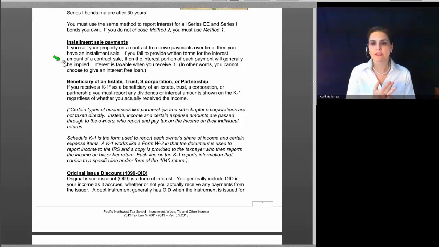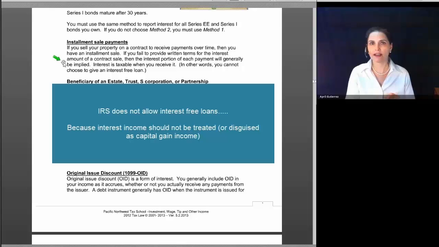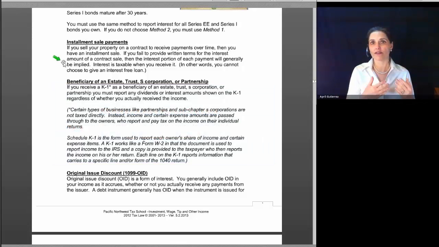The first reason is if you sell property on an installment sale, let's just say you're selling a house worth $300,000 on an installment sale, and you've made the decision that you're going to do an interest-free loan. One of the benefits for treating it as an interest-free loan is that every single payment you receive could be tax-free. If you're selling your home for $300,000, maybe your cost in it is $100,000, so you have a $200,000 profit on the sale that you're able to exclude because you can exclude up to $250,000 of gain on the sale of your home.